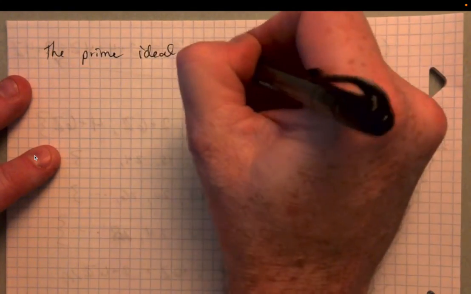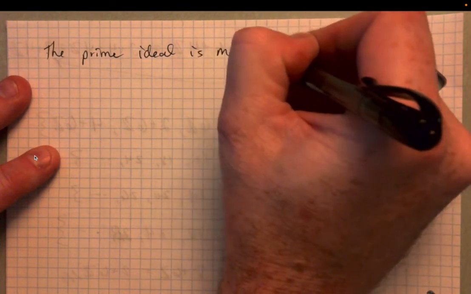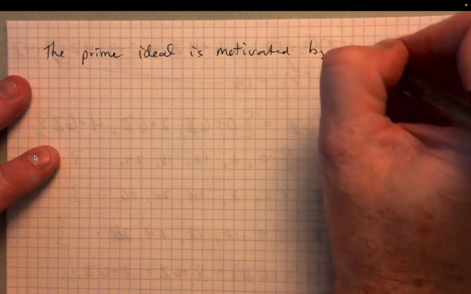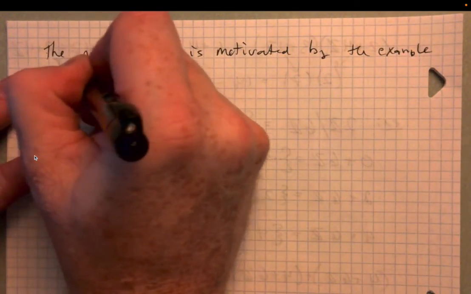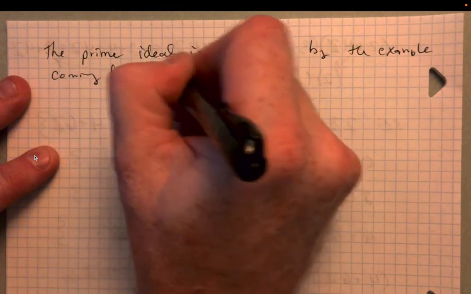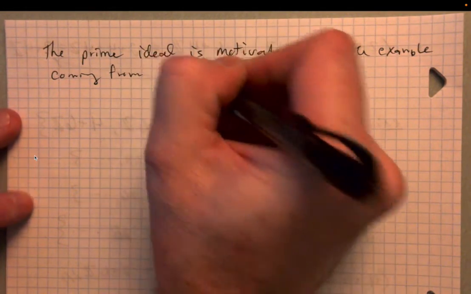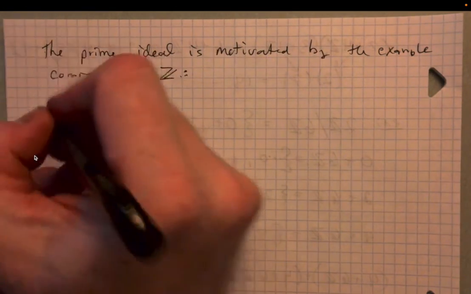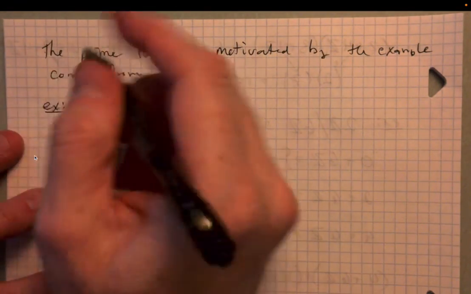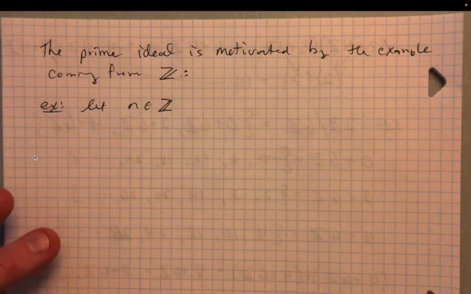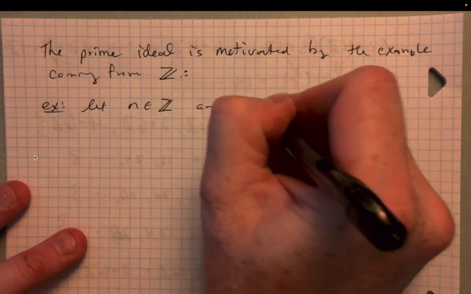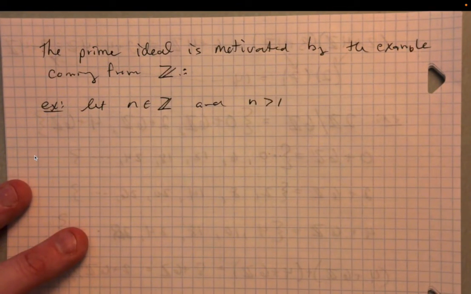The prime ideal is motivated by the example coming from the integers. What example? Let's talk through the example. All right, so let's let n be an integer, and let's let n be greater than 1. Okay.